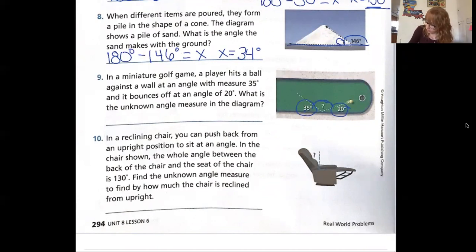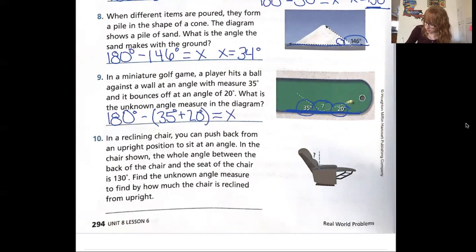So if we start with 180 degrees, because the wall is our straight angle, and we have 2 parts of our total that we know, we're going to add those 2 together. So in one equation, we would do 180 degrees minus (35 plus 20) in parentheses, because that's going to tell us to do that first, equals x, and that's our unknown.